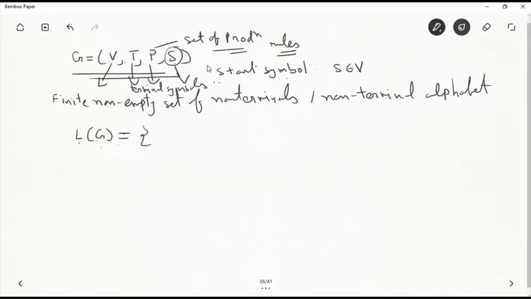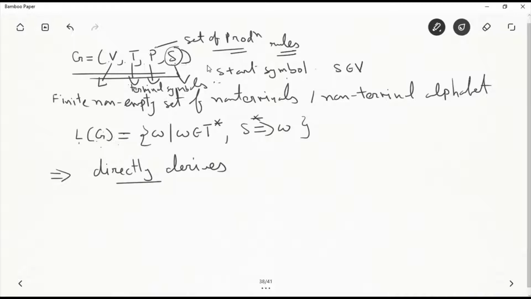Analytically, we can write L(G) is equal to the set of strings W, where W belongs to the star closure of T, and this W is derivable from S in 0 or more steps. This symbol is read as directly derives.